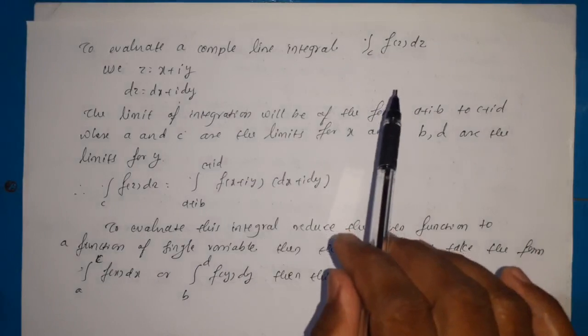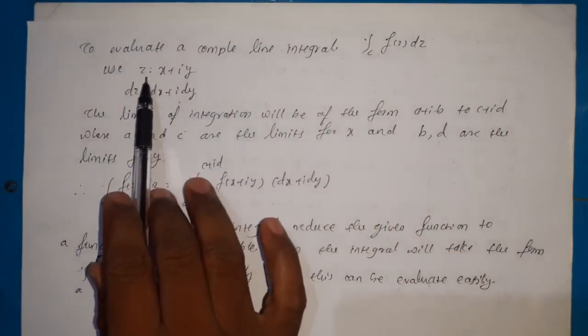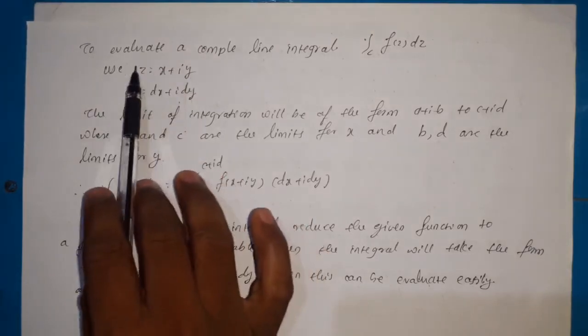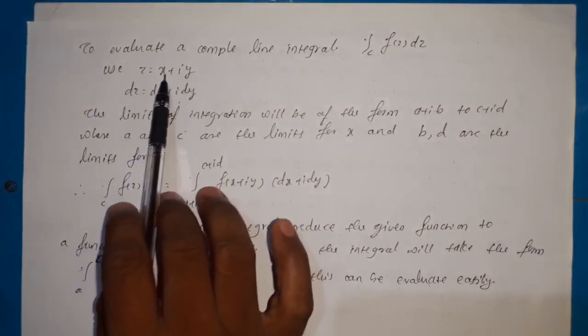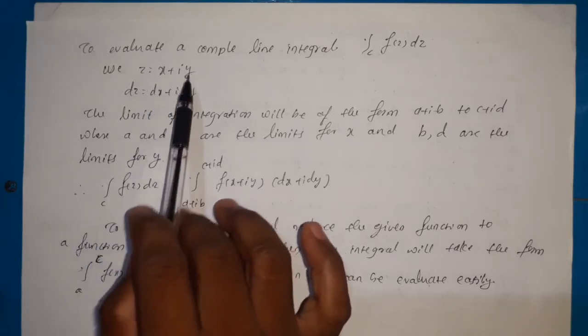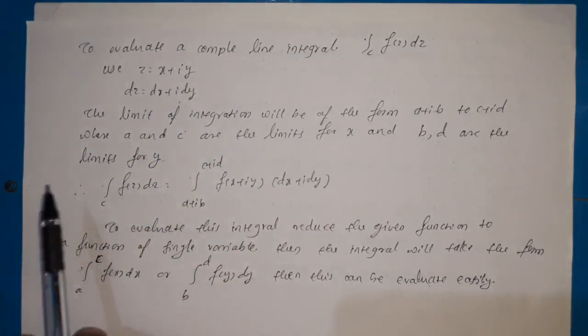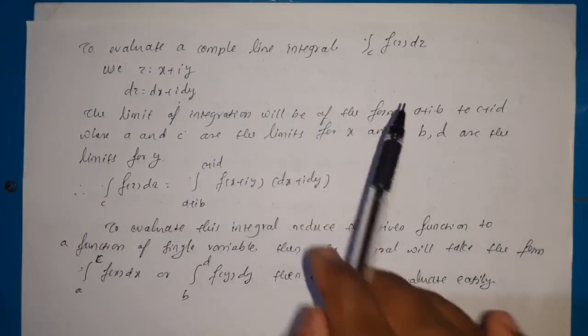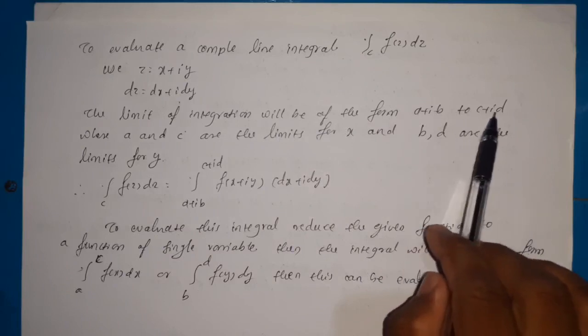So for that, here we need to use z equal to x plus iy and dz equal to the differentiation of this one. The differentiation of x is dx, plus i is constant as it is, then differentiation of y is dy. So here the limit of integration will be of the form a plus ib to c plus id.